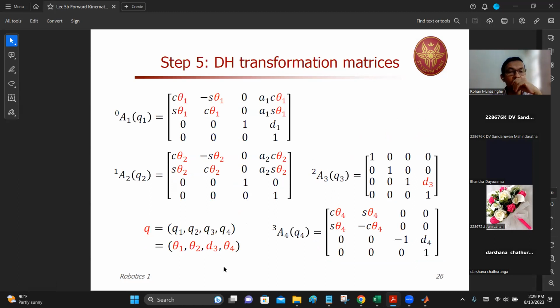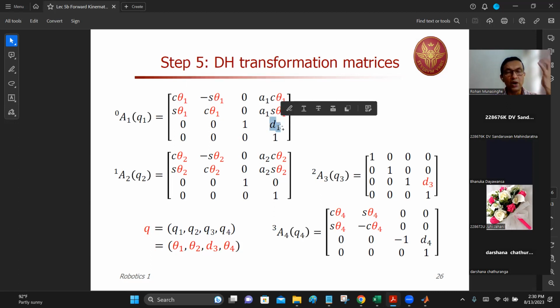So for SCARA, these are the homogeneous transformation matrices, 0 and 1, 1 and 2, 2 and 3, 3 and 4. All 4 of them, right? In the first homogeneous transformation matrix, the variable is theta 1. That is the joint angle of the first joint. It is the only variable, right? All the others are fixed.